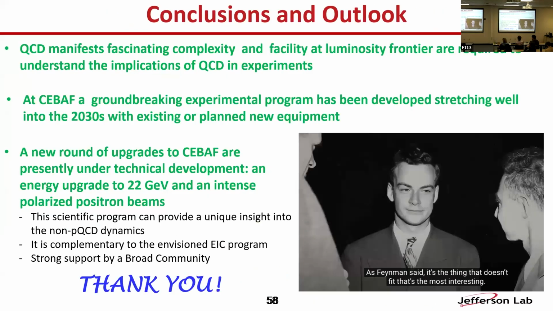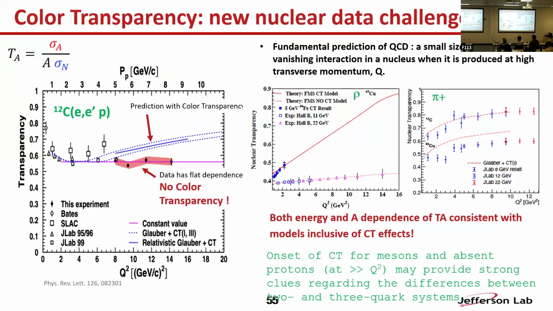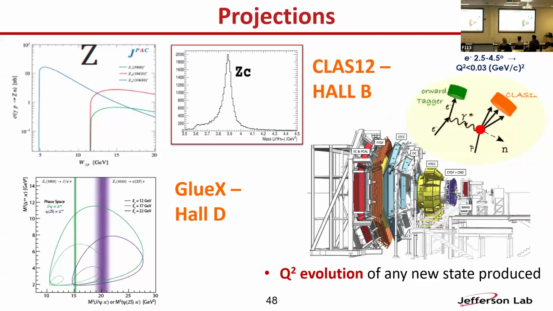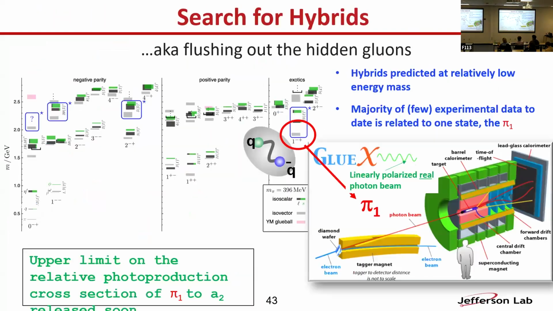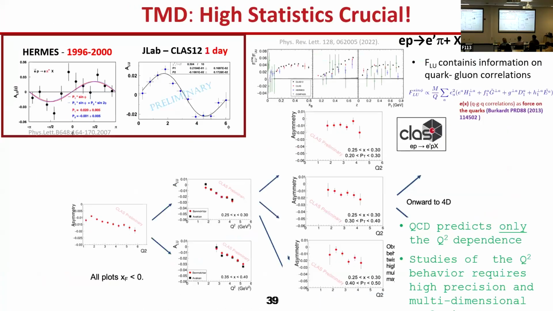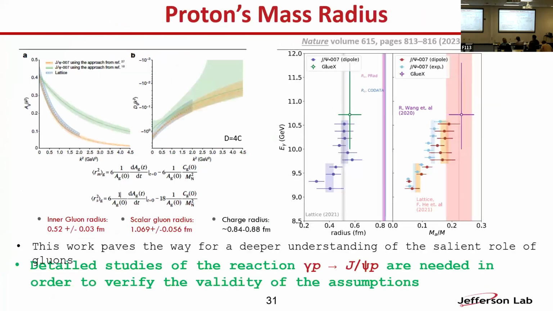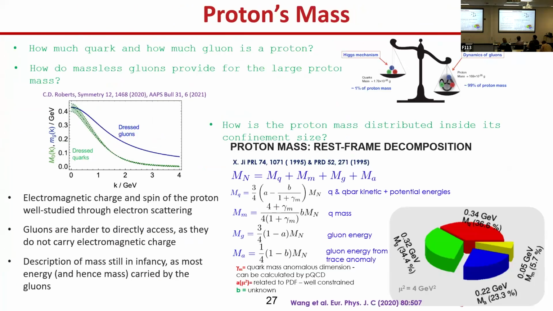I wrote mu is 4 GeV, I think. Yes, mu square, the scale is 4 GeV square.